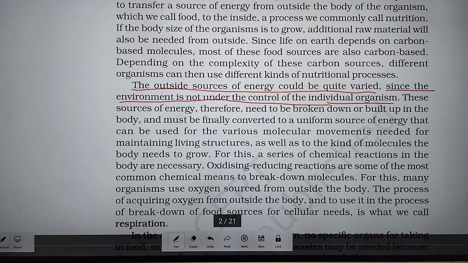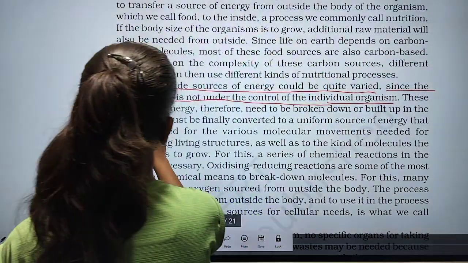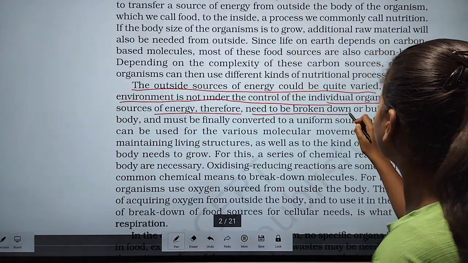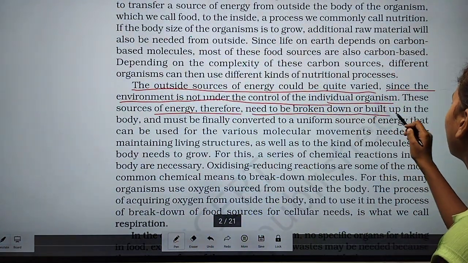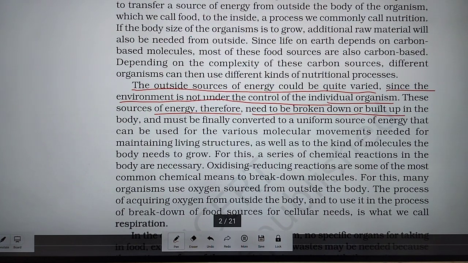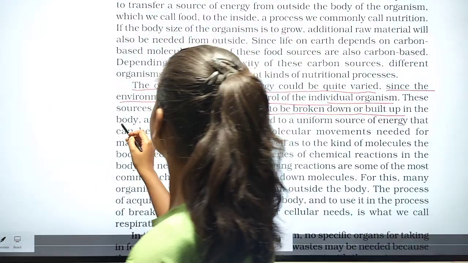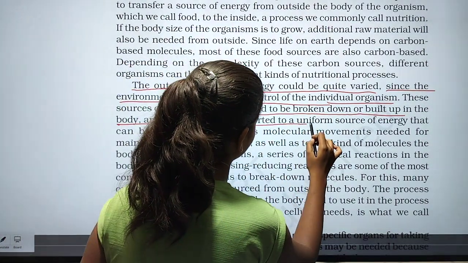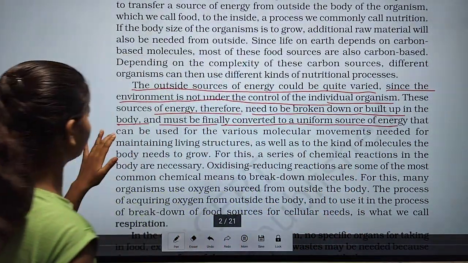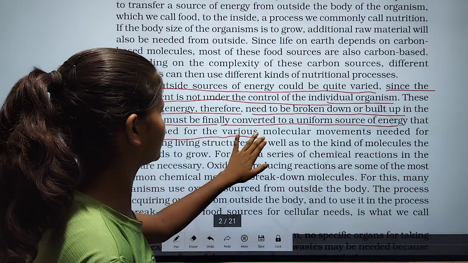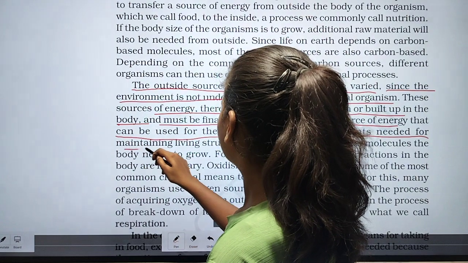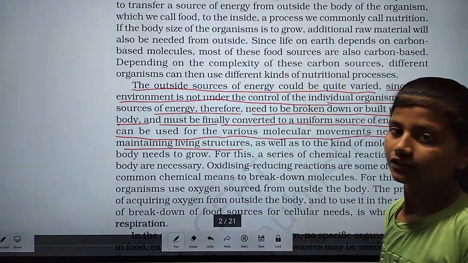This source of energy therefore needs to be broken down or built up in the body, and must be finally converted to a uniform source of energy that can be used for the various molecular movements needed for maintaining living structures.